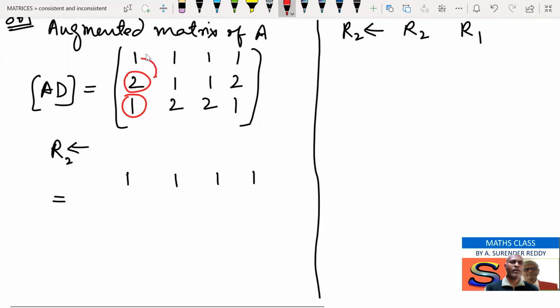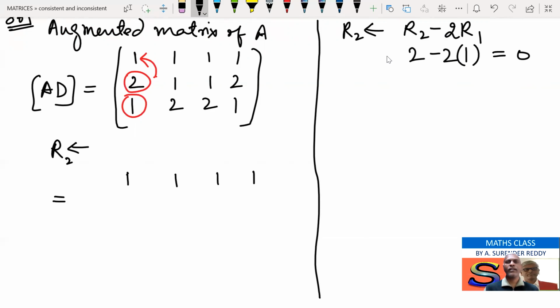Take R2 and R1. Here R2 has 2 and R1 has 1, so multiplying by 2 and subtracting, you will get 0. So this is the R2 first element. What is the formula? R2 minus 2 R1. By applying this formula, this first element becomes 0.